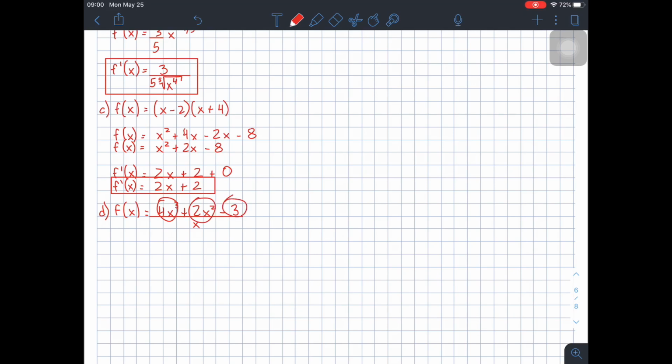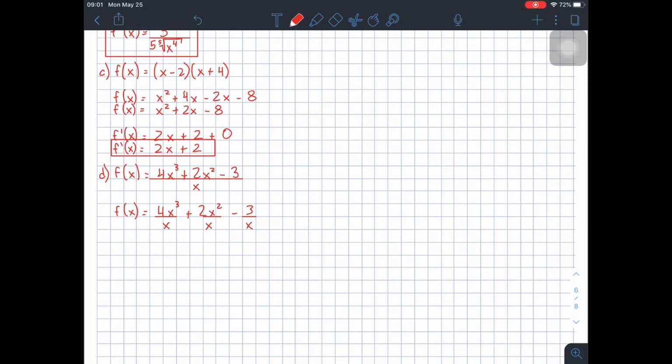I can separate those three terms and rewrite this function as 4x cubed divided by x plus 2x squared divided by x minus 3 divided by x, right?